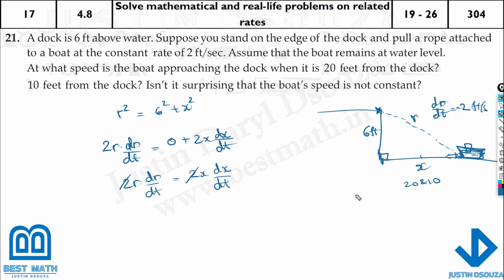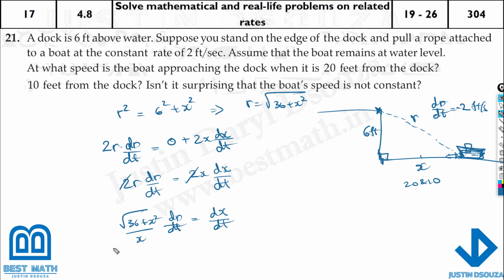It's already written over here: r is equal to the square root of 36 plus x squared. So, square root of 36 plus x squared times dr by dt, divided by x, is equal to dx by dt.